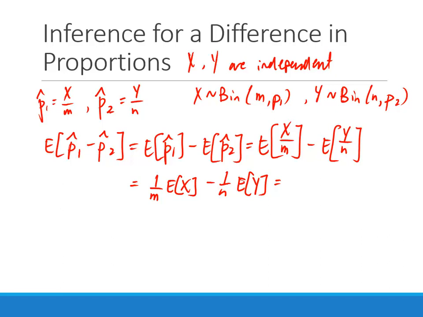We have binomials here. The expected value of a binomial is the number of trials times the success probability. So that's m times P1. Similarly, the expected value of Y is n times P2, which does indeed give us what we want. So this is P1 minus P2. So we do indeed have an unbiased estimator of the difference in proportions that we're trying to estimate. We can use the sample proportions, and that'll be an unbiased estimator.